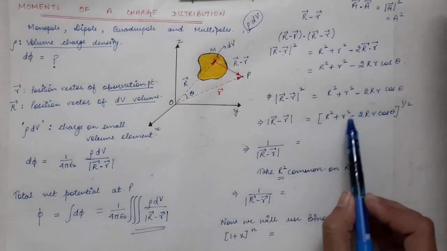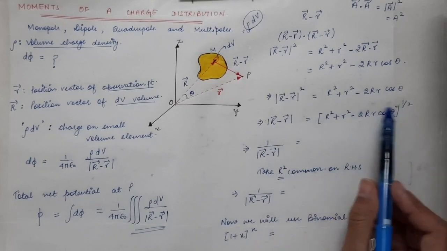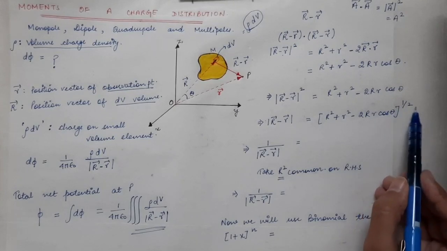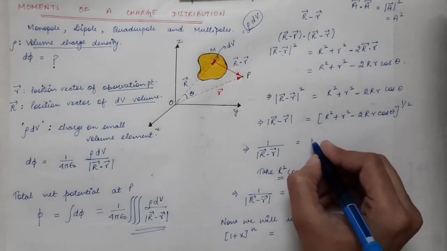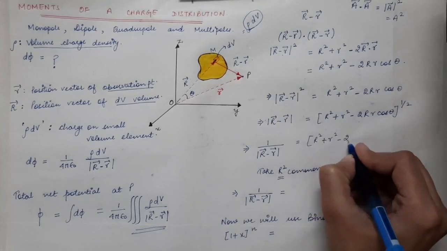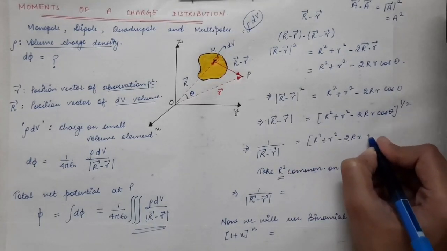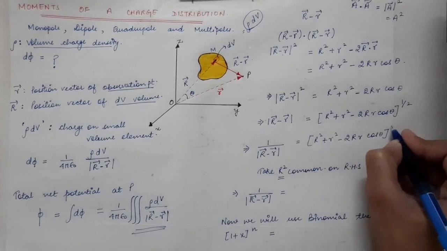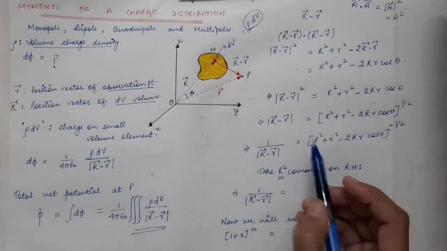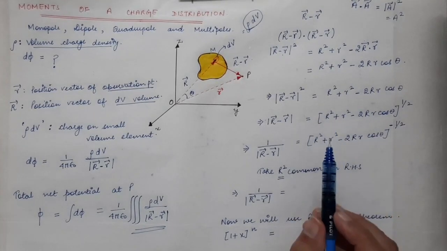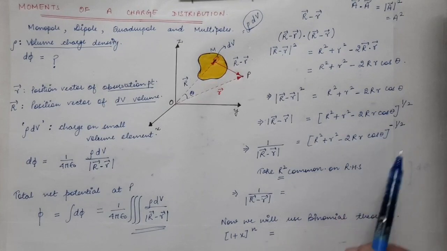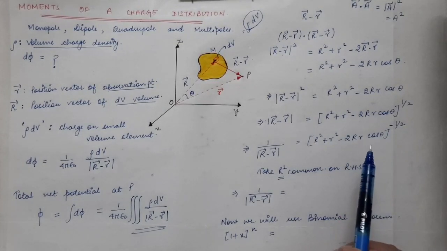On the right hand side also we will get 1 divided by this whole expression, which will be nothing but equal to (R square plus small r square minus 2 into R into small r cos theta), with the power becoming negative, that is minus 1 by 2. We have taken the inverse on both sides, so the power on the right hand side becomes minus 1 by 2.